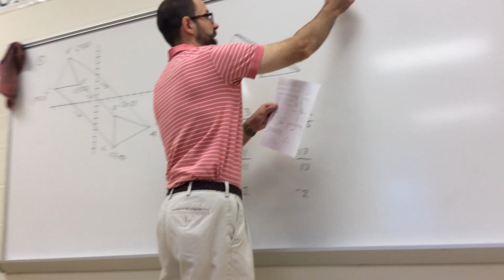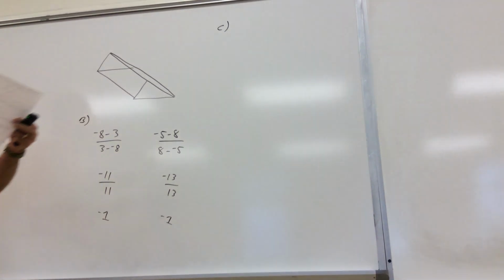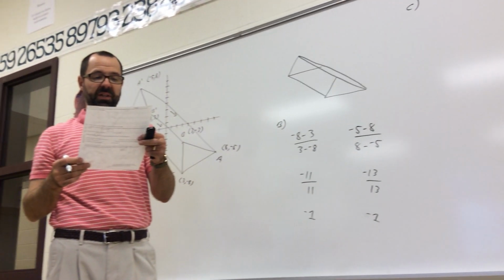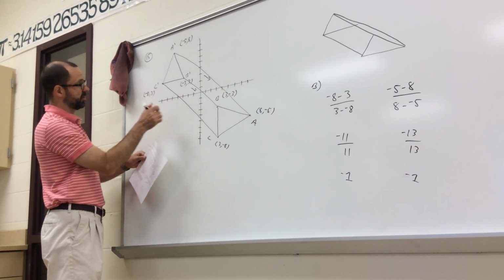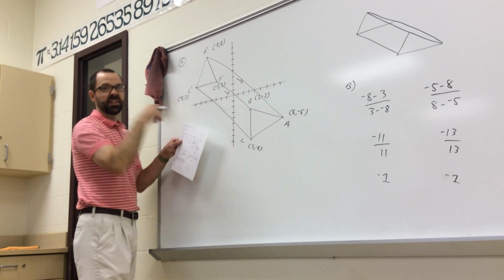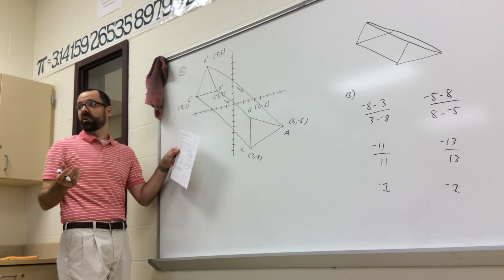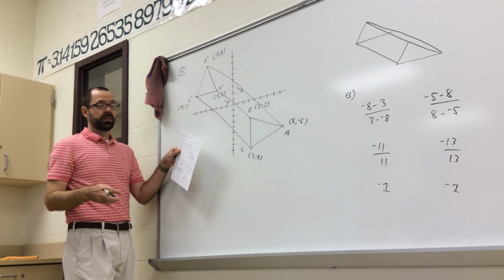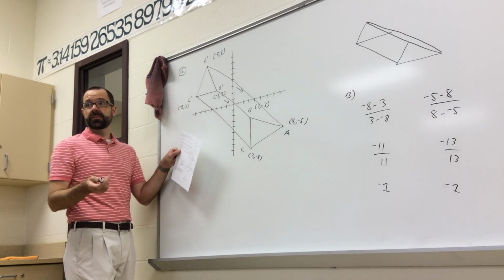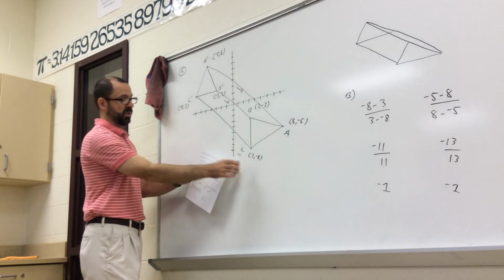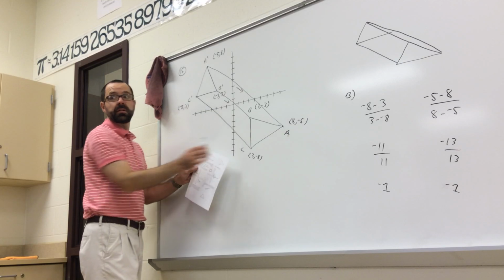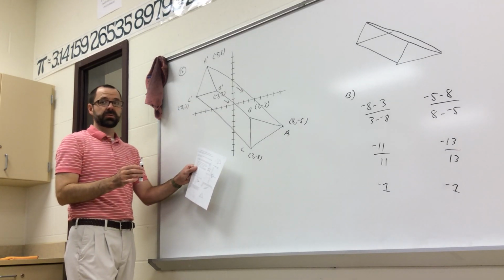Okay, now part C says find the midpoint of each segment. So now we're going to find the middle between C prime and C. We haven't done the midpoint formula since last week. That's when you add. So it's -8 plus 3 and then divided by 2.